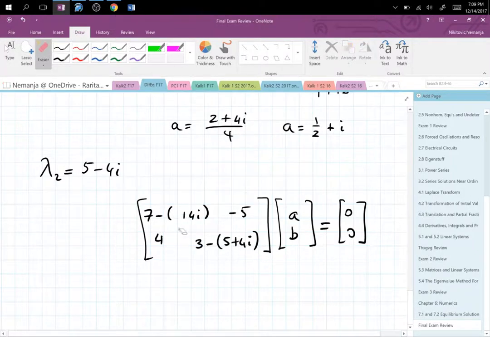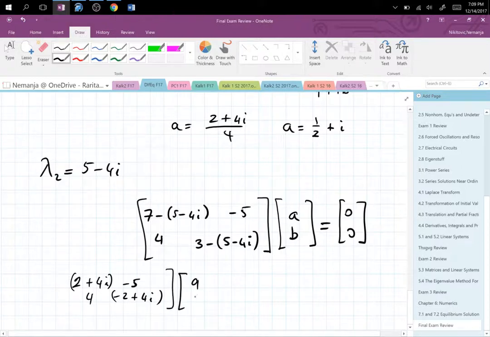So I know that these are minus signs here. So now I have 2 plus 4i, negative 5, and 4, and then negative 2 plus 4i, AB equals 0, 0.